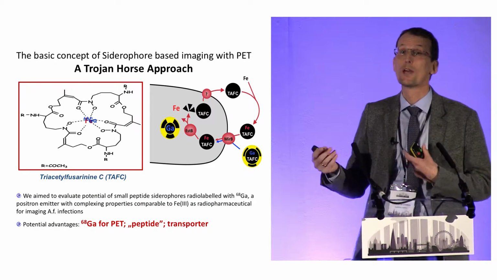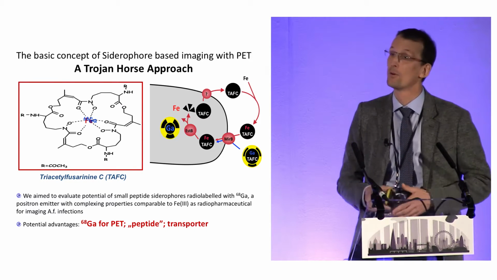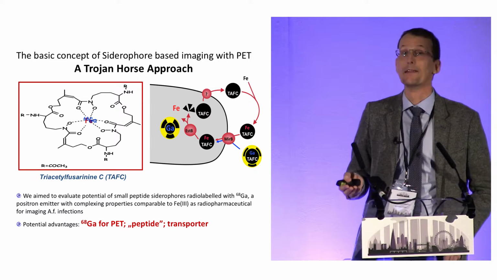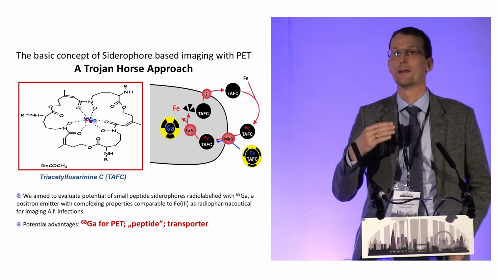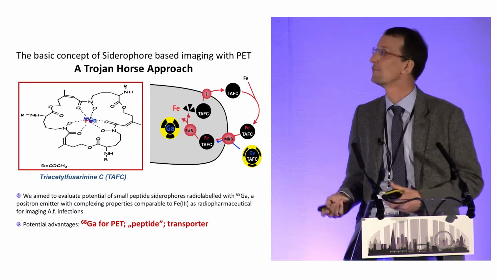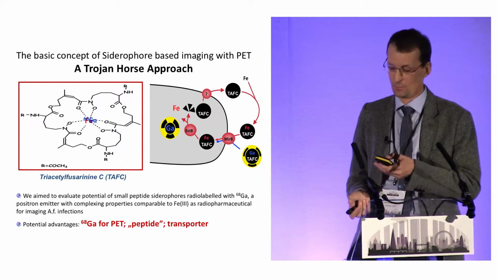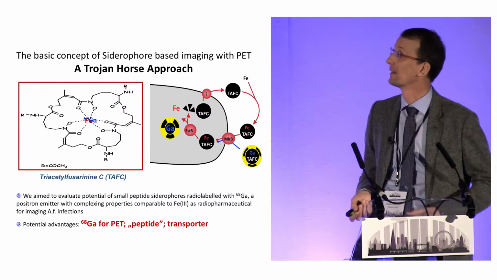So the idea was, okay, you have these iron-binding siderophores, particularly this TAF-C, that normally binds the iron and is excreted by the fungus also during the infection process. So can you not take this molecule and replace the iron by gallium, and the gallium-68?